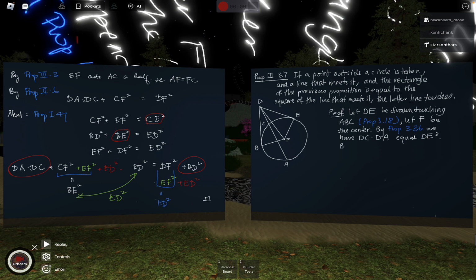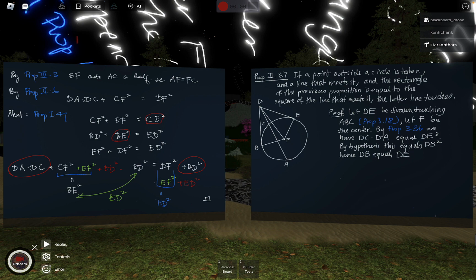By hypothesis, this also equals DB squared, because DC times DA is assumed equal to DB squared. So we have DE squared is equal to DB squared, hence DB equals DE, because we believe in square roots or something, but just by contradiction, right? If they were different, one would be smaller.